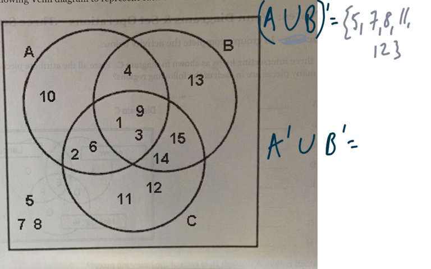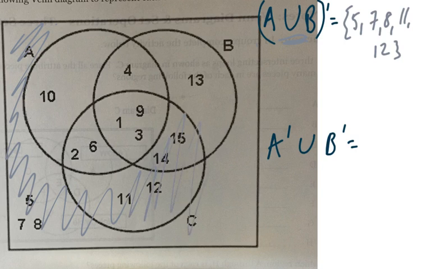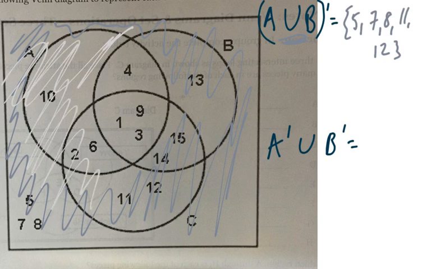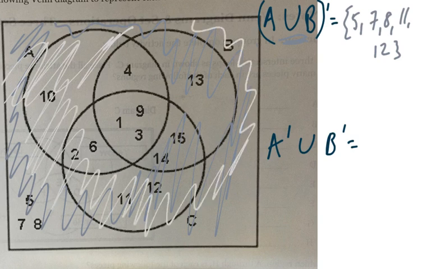So A complement is all the stuff that's not in A. B complement is everything that's not in B. And the union includes everything from either one of those. As long as it was shaded, it gets included.